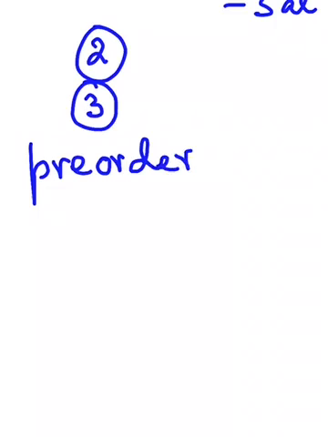First thing to do is to check whether the tree is empty or not. If the tree is empty, of course, there is no meaning of traversal. So if the tree is non-empty, then we visit the root of the tree first, and then we perform a preorder traversal of the left subtree, and then we perform a preorder traversal of the right subtree.